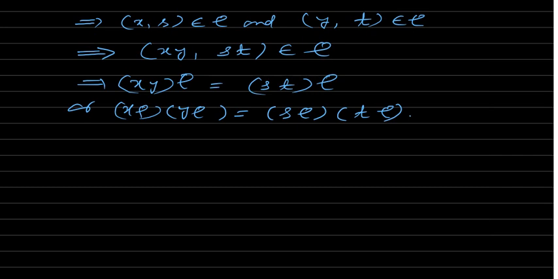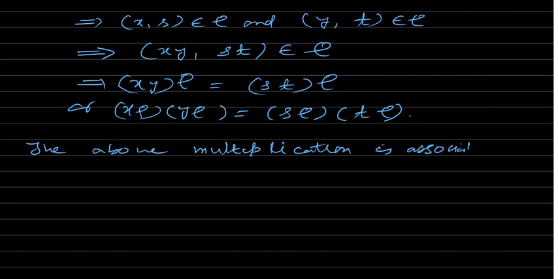Next we check that this multiplication is associative. So for this we choose three elements in S over ρ. Let's choose xρ, yρ, zρ belonging to S over ρ.